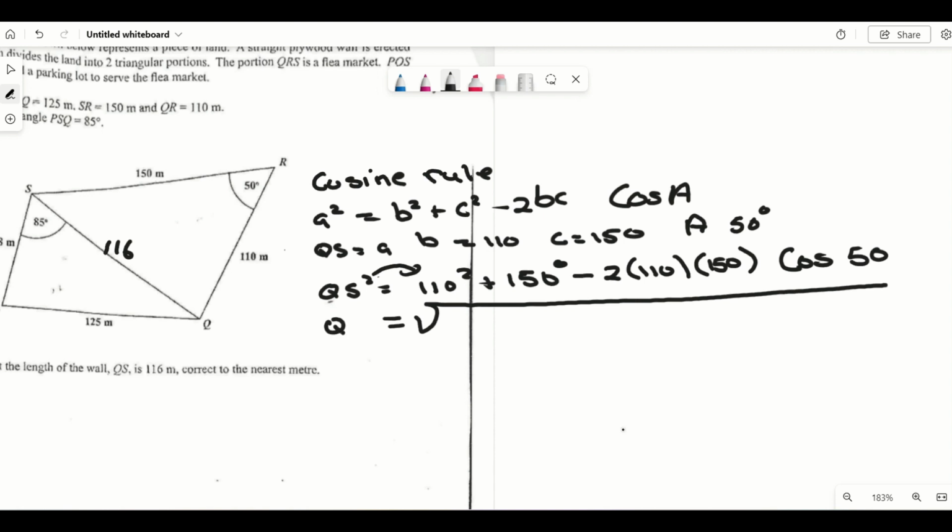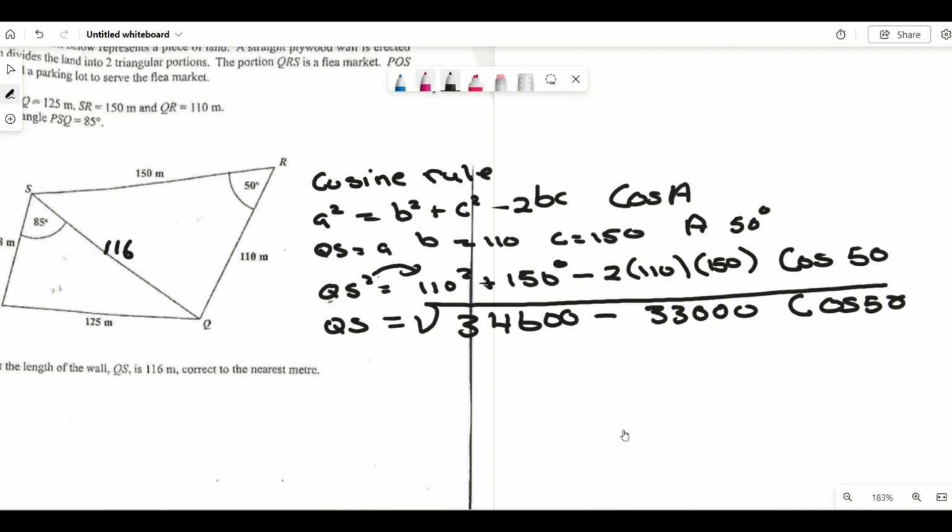So QS would be the square root of 110 squared plus 150 squared. If you put that in your calculator, you'll get 34,600, minus 2 by 110 by 150, which is 33,000, cos 50.